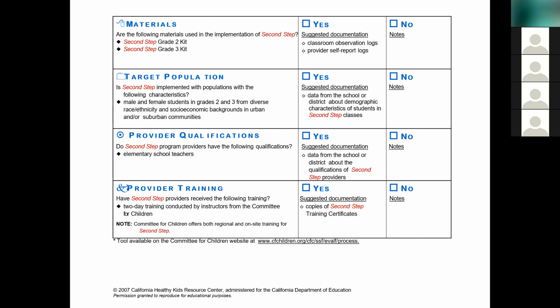Maybe you don't know about the employment status of your families, and you feel like that might be a crucial component. So maybe that's something you need to add in to your already existing demographic collection, thinking about those pieces.